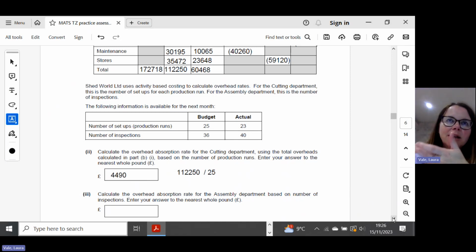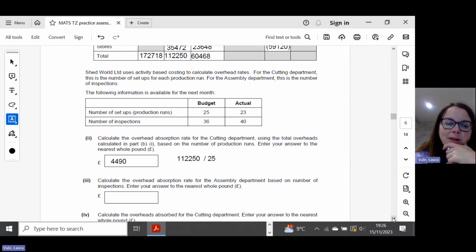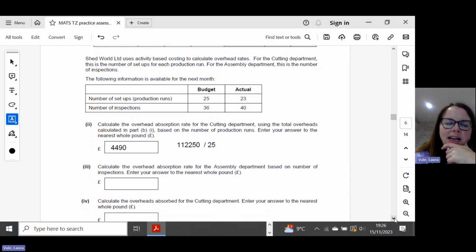It sounds like a big number compared to per labour hour or per machine hour. But of course, there's only 25 production runs altogether, so each one is going to take a fair hit.